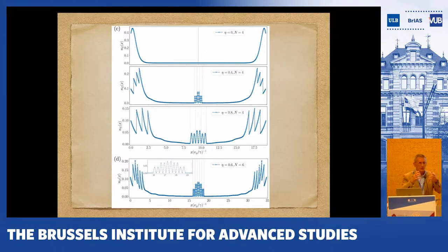You have 2 photons, and you look at the emission, and the emission looks like this, depending on a parameter eta. Eta is essentially a parameter which tells you how the system resonates. It's the ratio between lambda and the distance between the 2 atoms at the edge of the cavity, say.